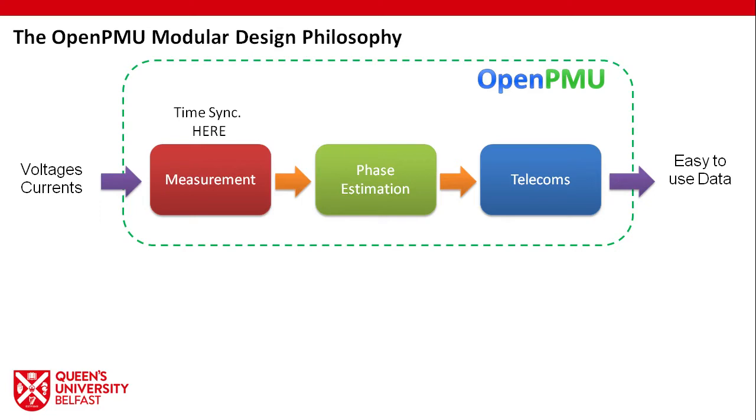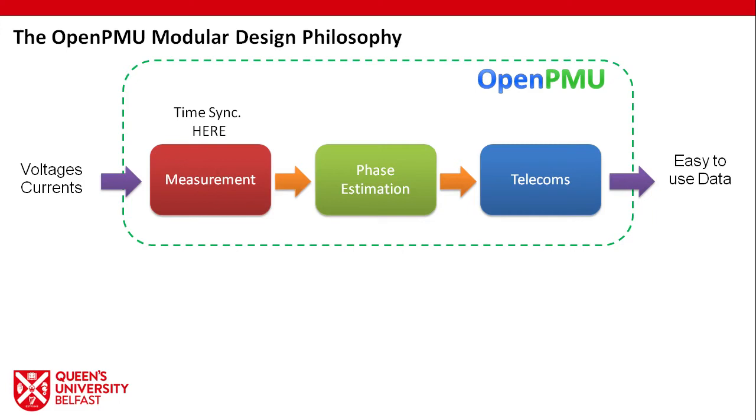This has a lot of benefits because each one of these modules is a whole domain of subject-specific expertise. For example, the measurement module features analog to digital converters. These analog to digital converters must be synchronized to a GPS-derived clock so that we know exactly when each sampled value is acquired. Phase estimation, on the other hand, is more of a mathematical problem. It is a software optimization problem.